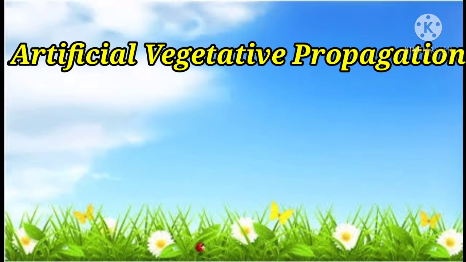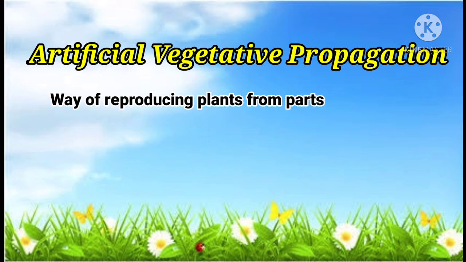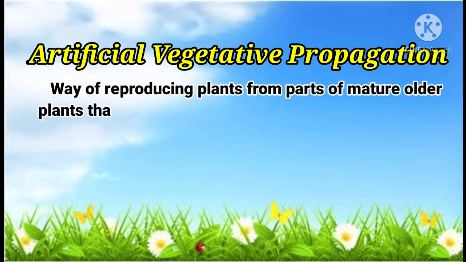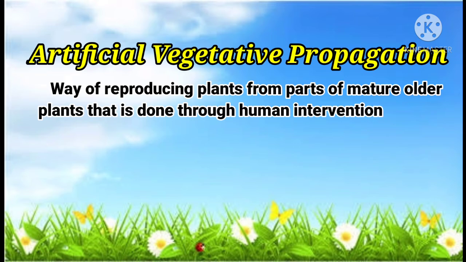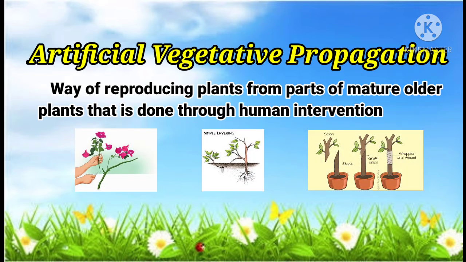This time, let's tackle artificial vegetative propagation. It refers to the method of reproducing plants from parts of mature older plants that is done through human intervention. It can be done through cutting, layering, and grafting.